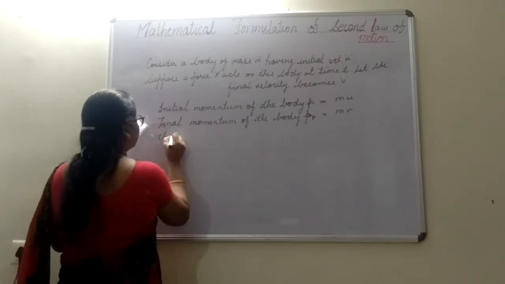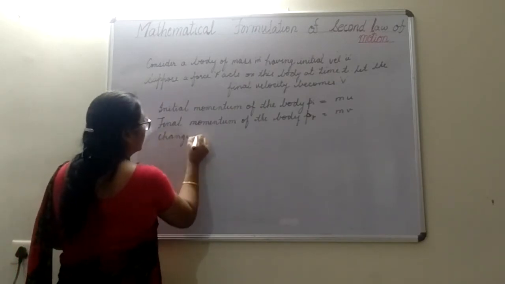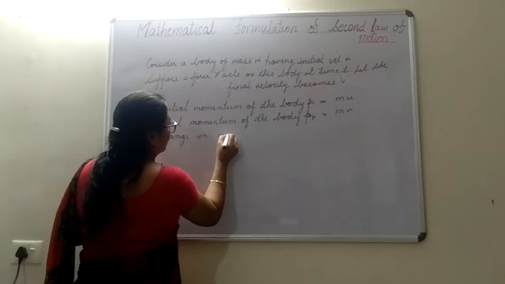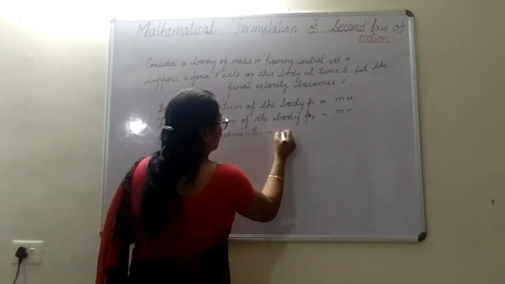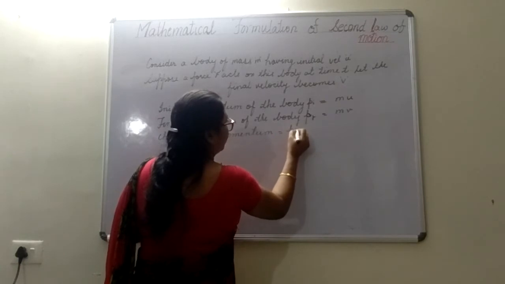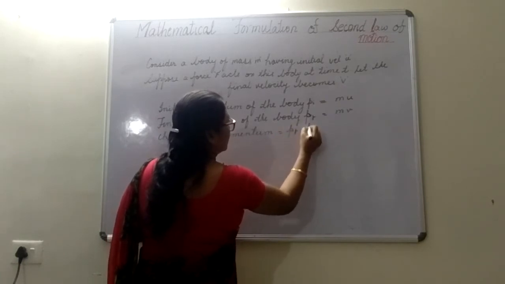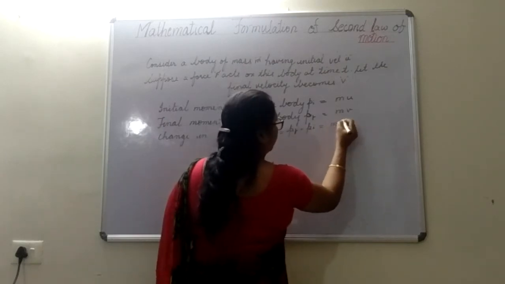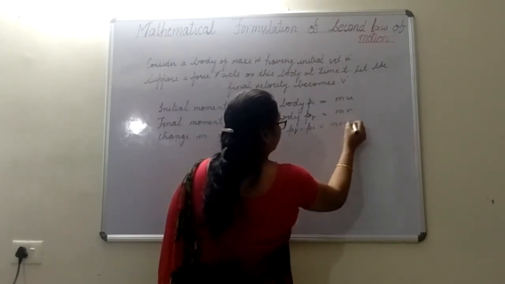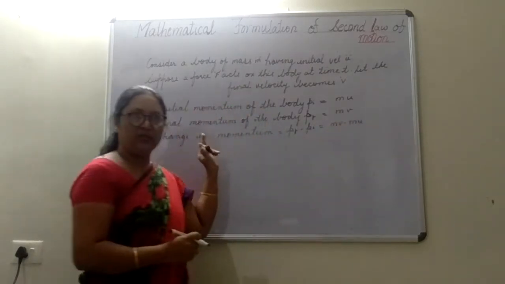Now what will be the change in momentum? Change in momentum is equal to Pf minus Pi, that is equal to mv minus mu. Clear, children?